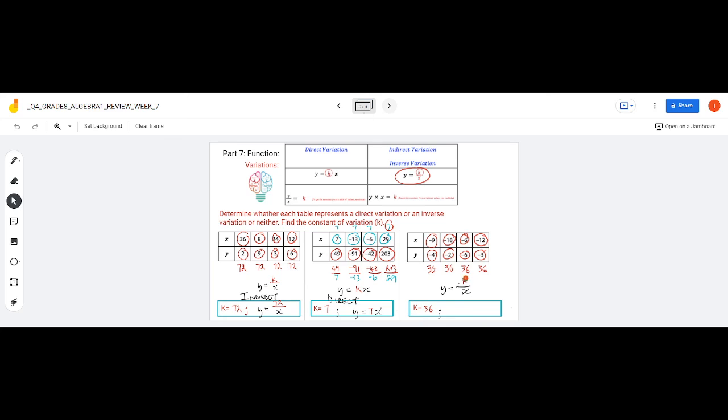So what is our k now? Our k is 36 all over x, and this is an example of indirect. And that, my students, is how we do it.